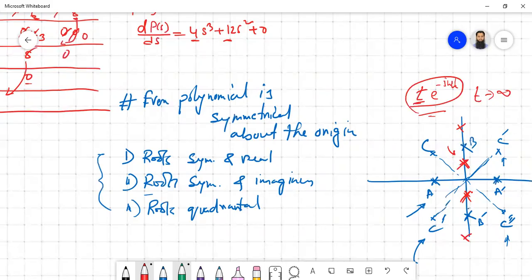Okay, now we'll look at another example related to this one, example 6.5.